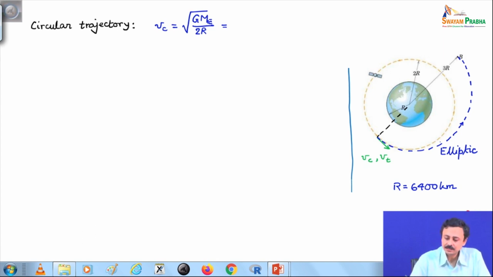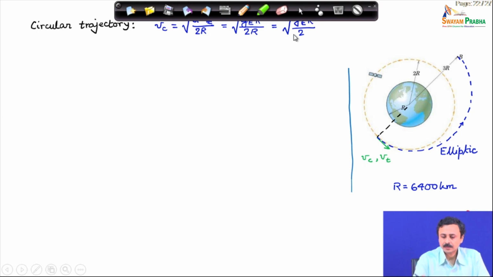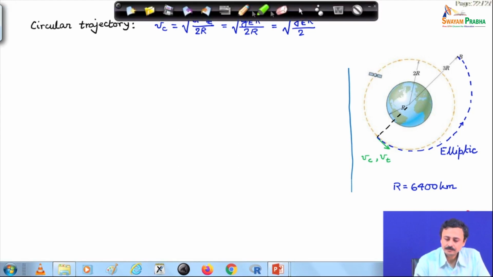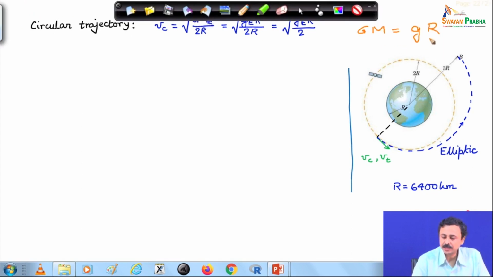Therefore, V c is this, and if I replace G M e with g r square, as we have discussed, G M is equal to the acceleration due to gravity on the surface times the radius squared, in this particular case for the earth.